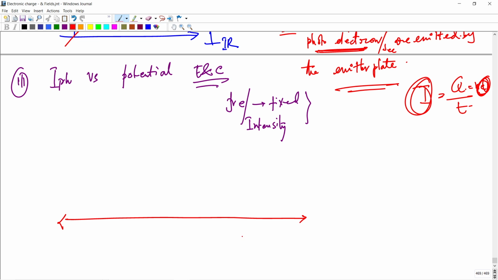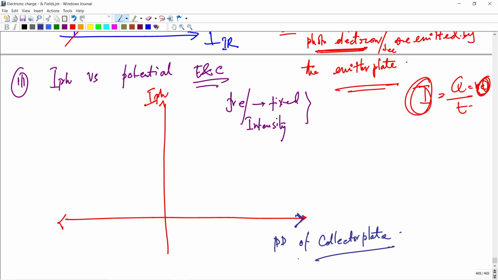If the potential difference of the collector plate increases, you see that the photocurrent increases here.